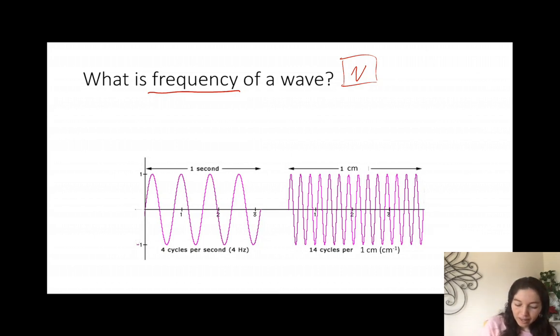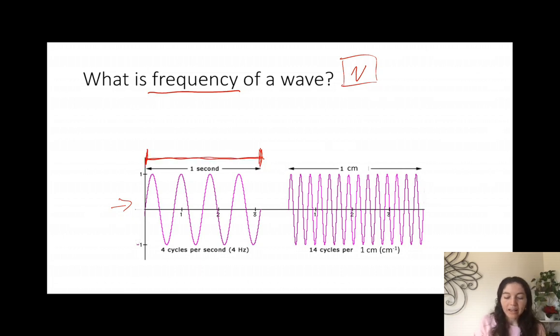Here is an example of a wave, and you can see that this distance here is 1 second on this graph. So this wave happens 1, 2, 3, 4 times per second. That's a frequency. It happens 4 times in 1 second.